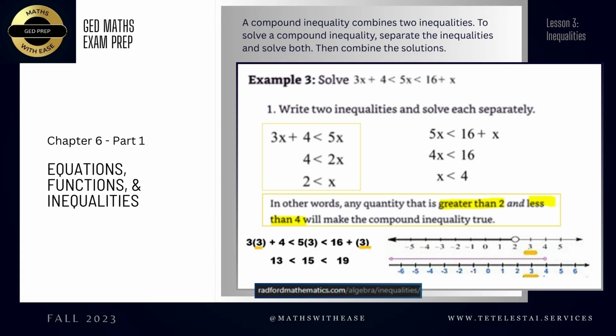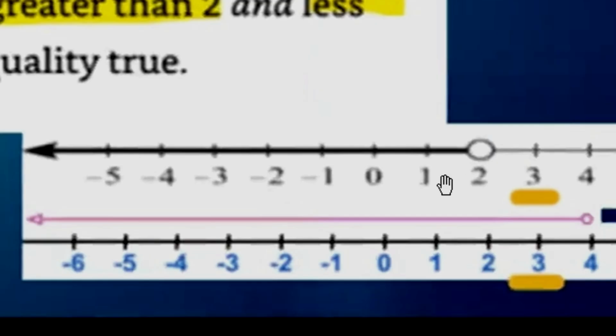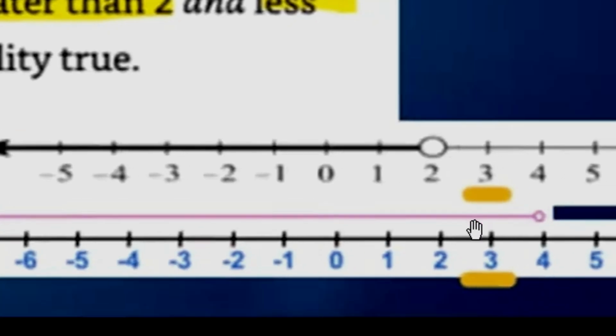Well, what number could that be? Let's look at our number line. This is our representation for x greater than 2, right? So we use an open circle to show that we're starting at 2, but not including 2 in our set of numbers representing that particular inequality. And then this is our representation for the inequality x less than 4.